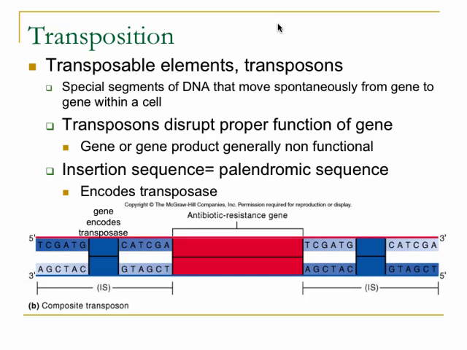And here's actually what is called a composite transposon. It actually has two transposons that are flanking a gene or a coding region. In this case, it's a gene encoding antibiotic resistance. But these transposons have mirror images, so they read the same way on opposite strands.